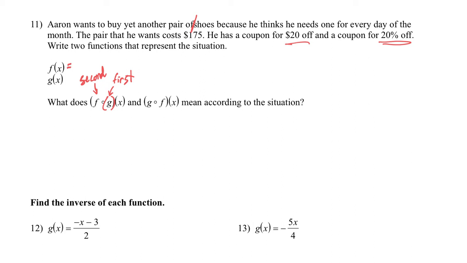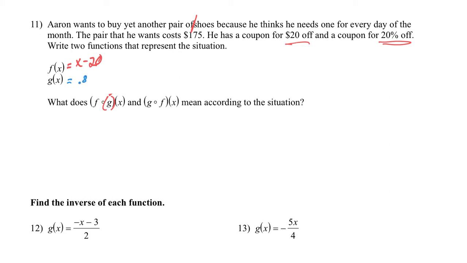So f of x, it doesn't matter which one's which, so let's just do the $20 off there. So if you have the cost, you subtract $20, straight up subtraction. When you do the percent off, you're taking 20% off of the price, which means you really end up paying 80%.